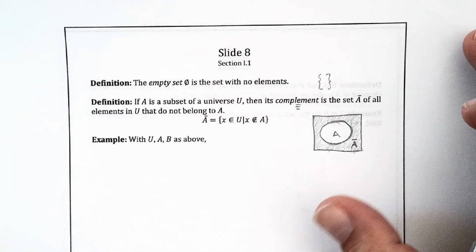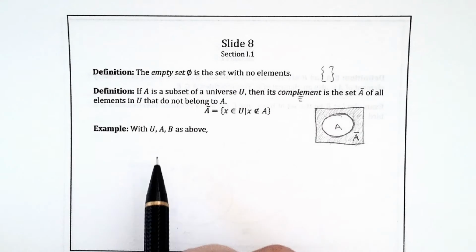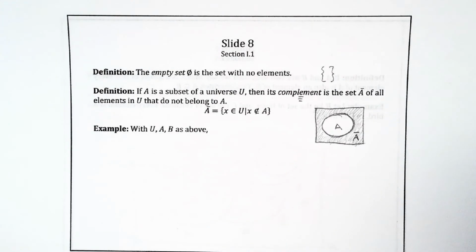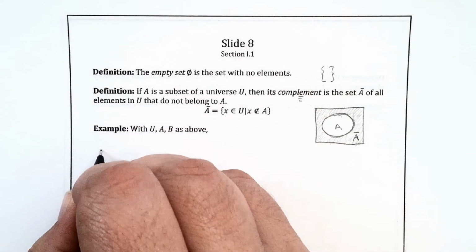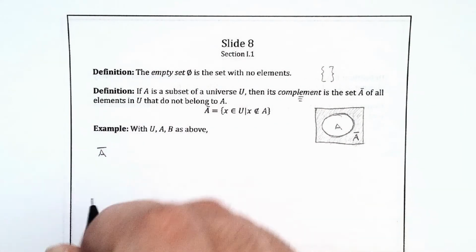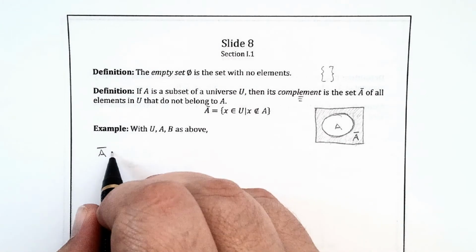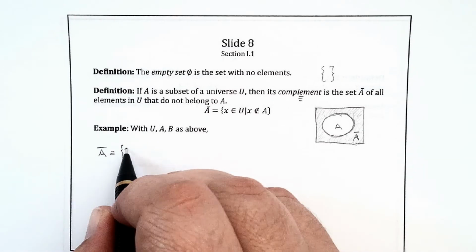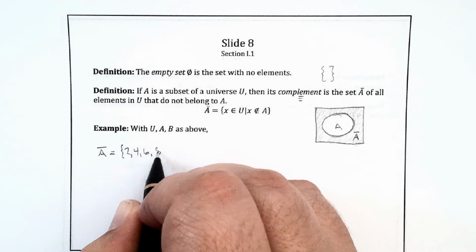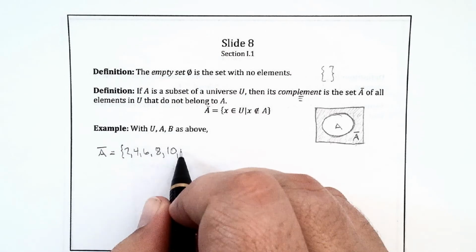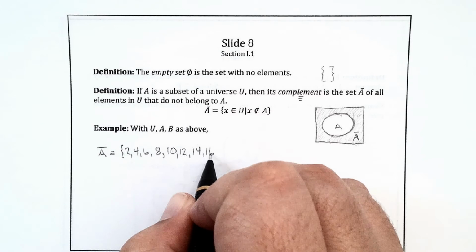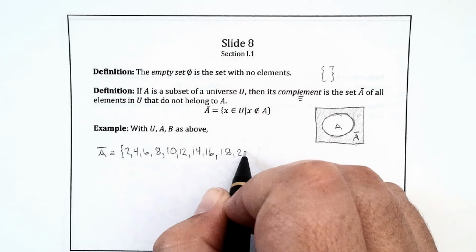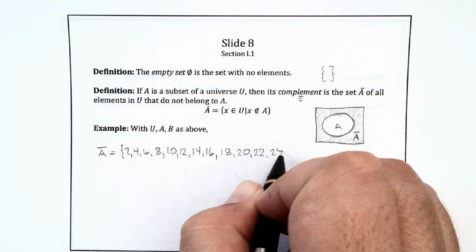All right, so let's talk about our universe and sets A and B above, the lists of numbers. So remember that A was the set of odd numbers in U. So that means that the complement of A would be the set of even numbers in U. So it'd be 2, 4, 6, 8, 10, 12, 14, 16, 18, 20, 22, and 24.